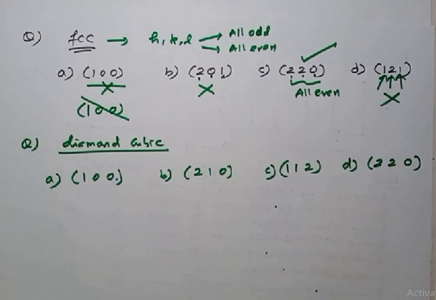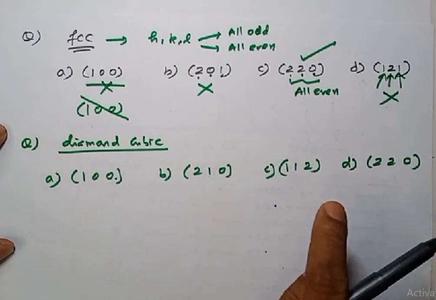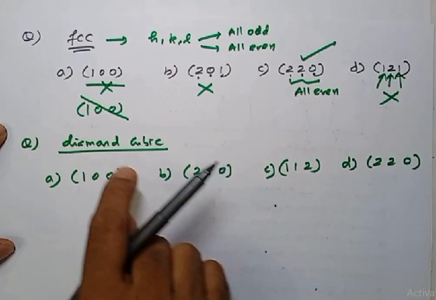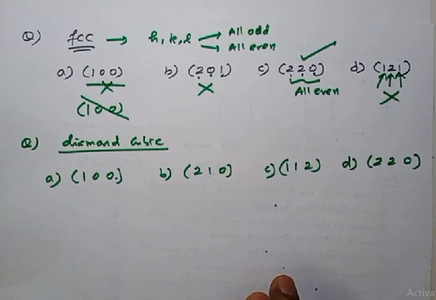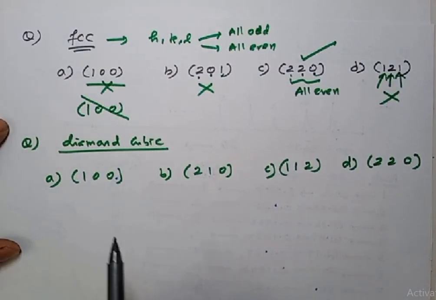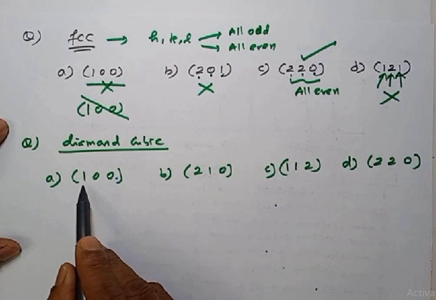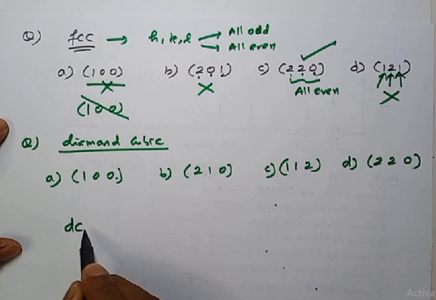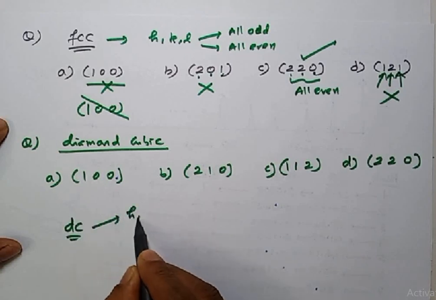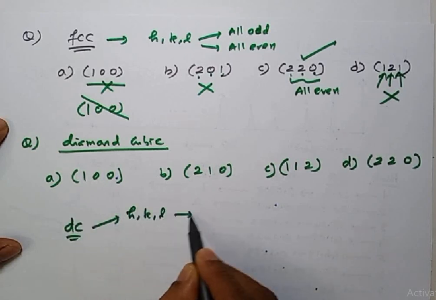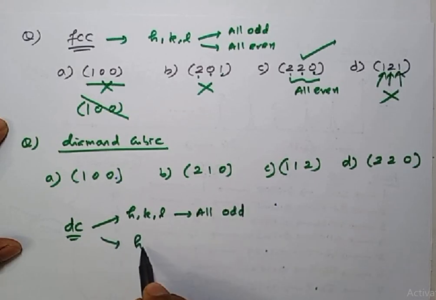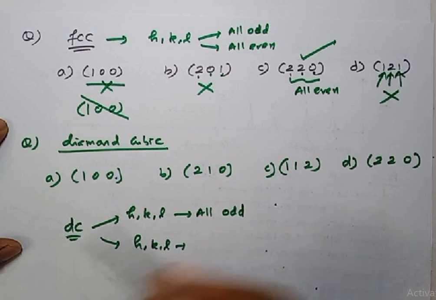Okay, take down. Among these four, which plane will give signal in the XRD spectrum for a diamond cubic? So what's the answer? Why option D? The extinction rule for diamond cubic is that HKL values should be all odd, or all even like FCC.